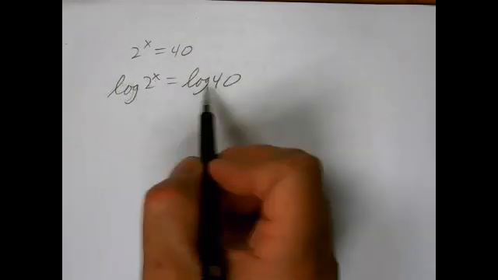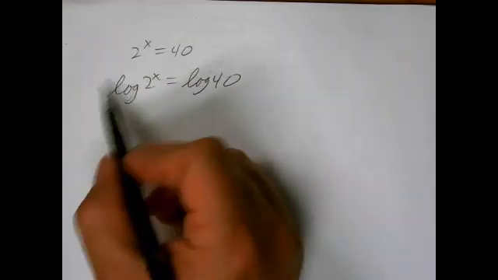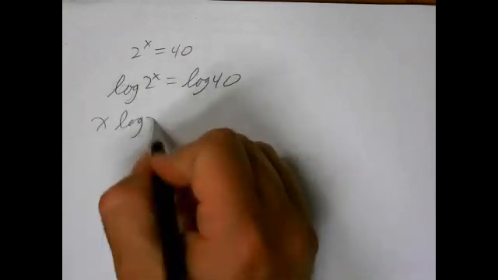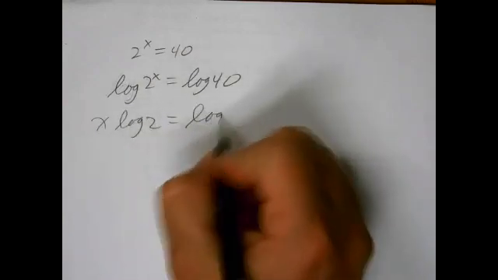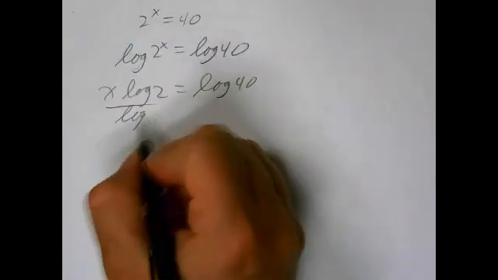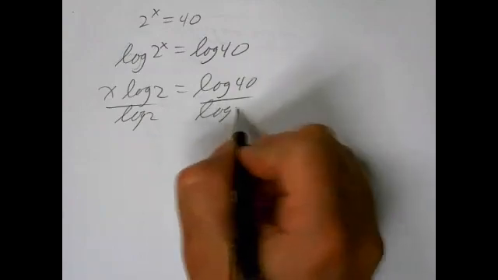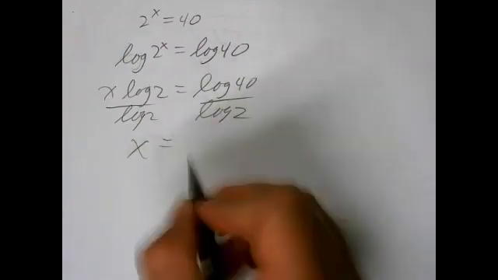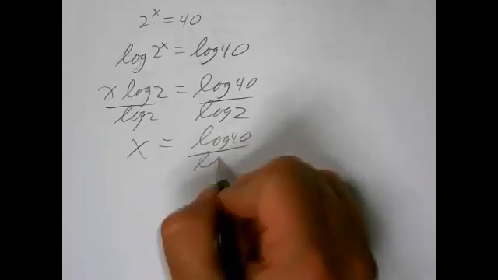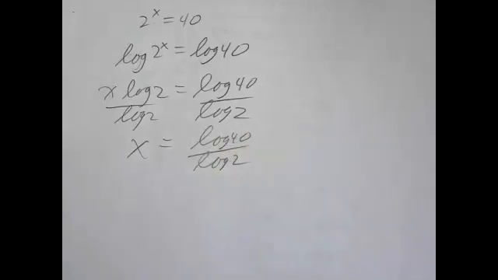Now that there's a log involved, the x can move down front as a multiplier. And you can simply divide off log of 2. And your answer will be log of 40 over log of 2. And that's actually a nice, perfect, exact answer.